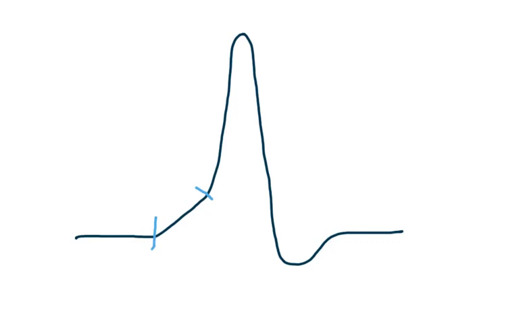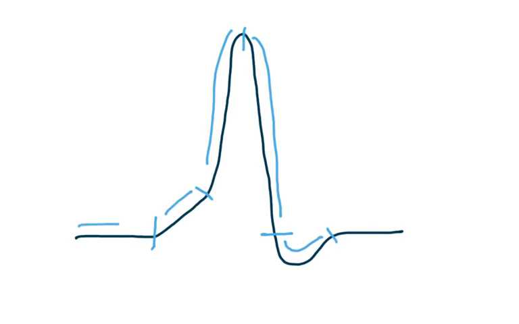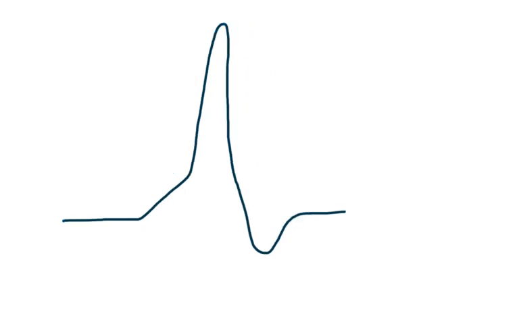We talked about the depolarization, which is the next phase, right? So this is the local potential. This is the depolarization. This right here is the repolarization. And then this part right here is the hyperpolarization. And of course, this section here and this section here are the resting membrane potential.